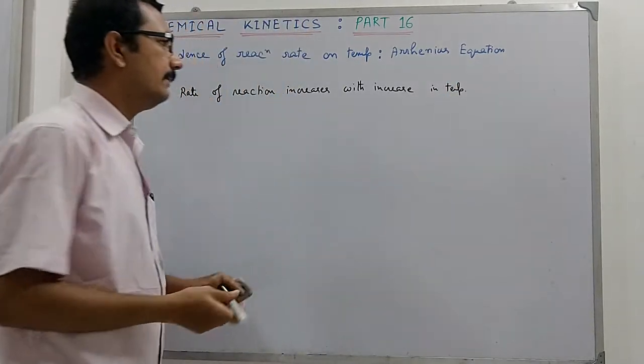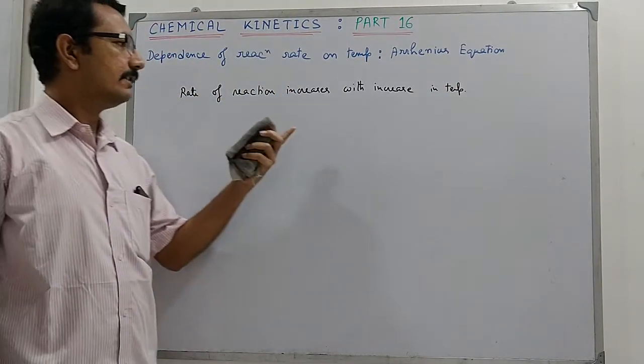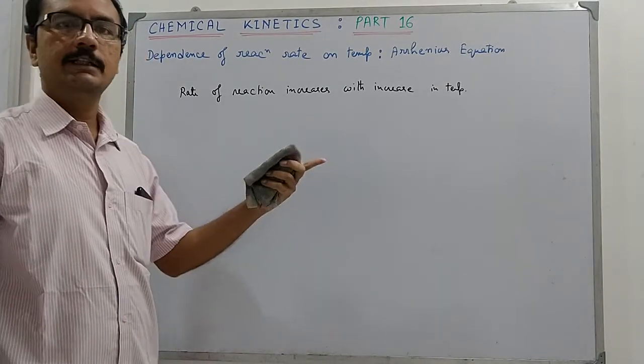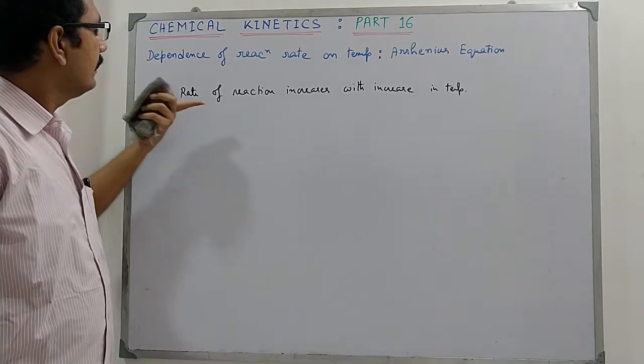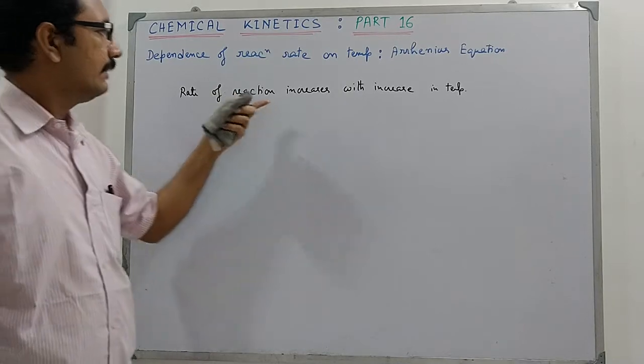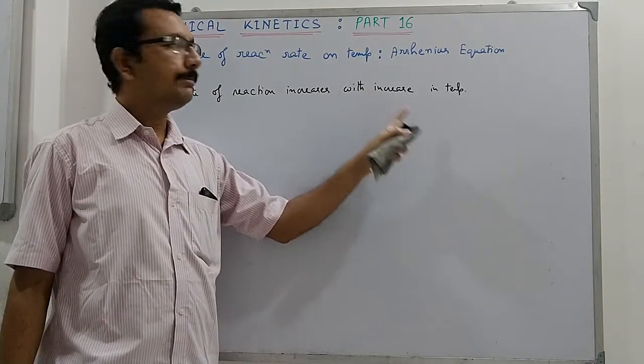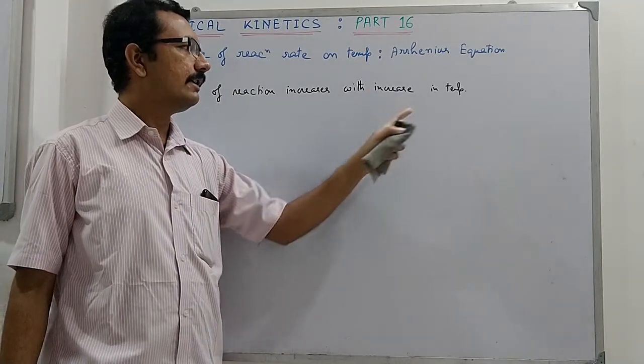He started with a reaction having moderate rate, and he noticed that the rate of that particular reaction increases when the temperature of the reaction vessel is increased.